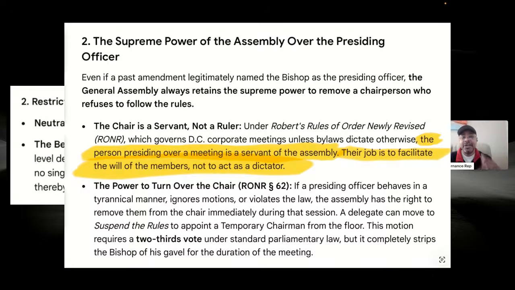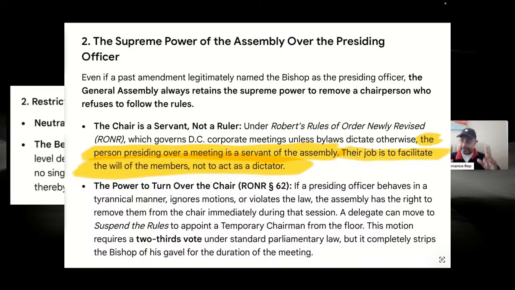If a presiding officer behaves in a tyrannical manner, you can't fire me. You're not going to follow me. Get your hat and coat and leave quietly out the door. If a presiding officer behaves in a tyrannical manner, ignores motions, or violates the law, the assembly has the right to remove them from the chair immediately during that session.